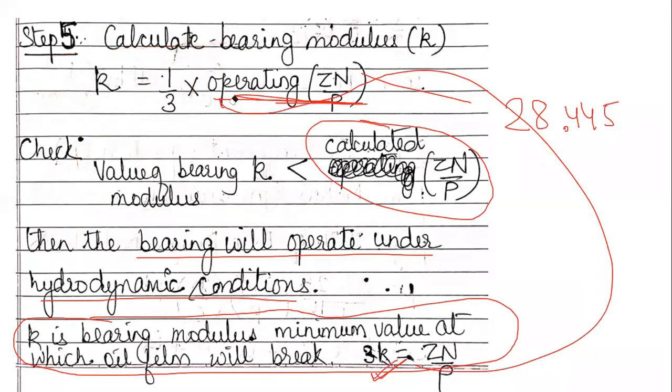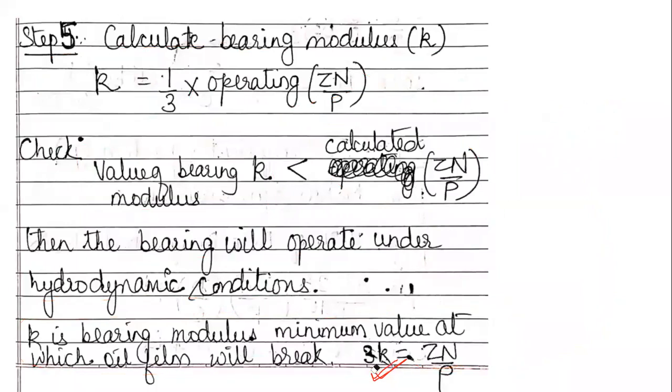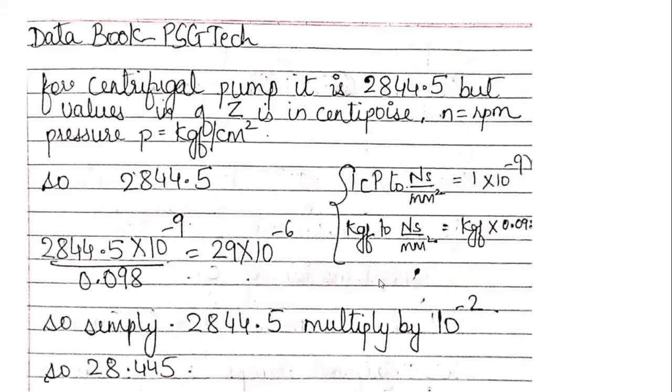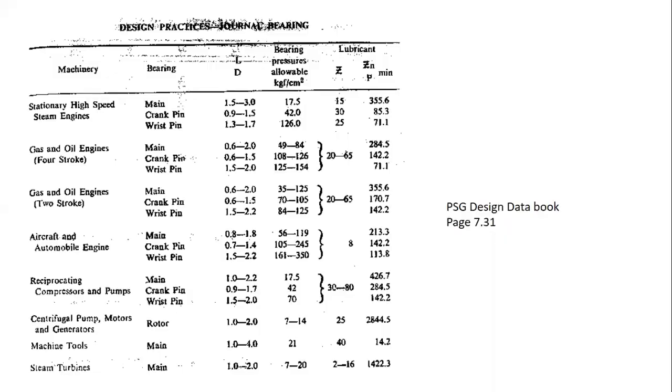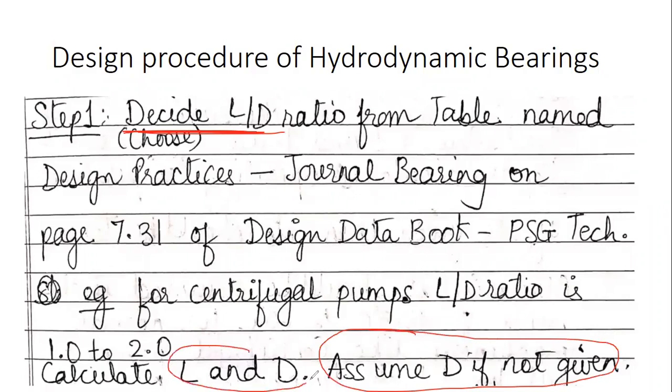So again, I'll repeat the steps till this step 5. What we have done till here, let us quickly start from the first step, so you don't forget anything that we have done. First step, choose or select L by D ratio, assume the value of D if it is not given, and then calculate L and D value.